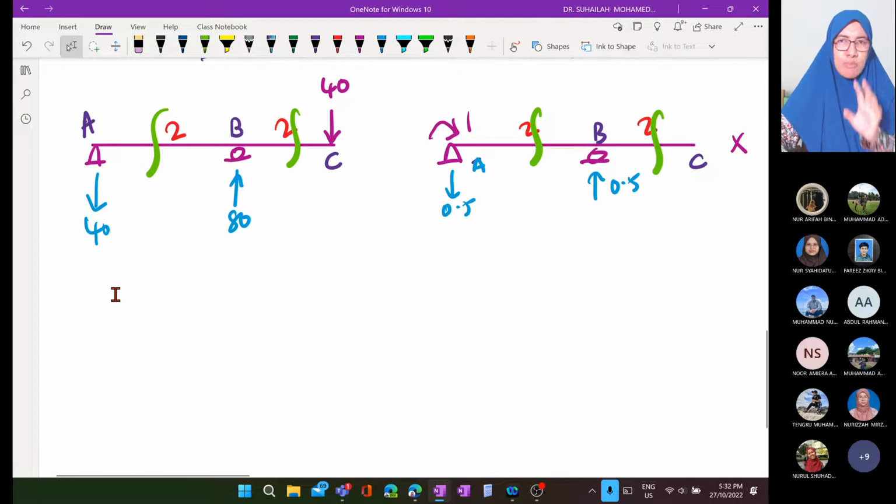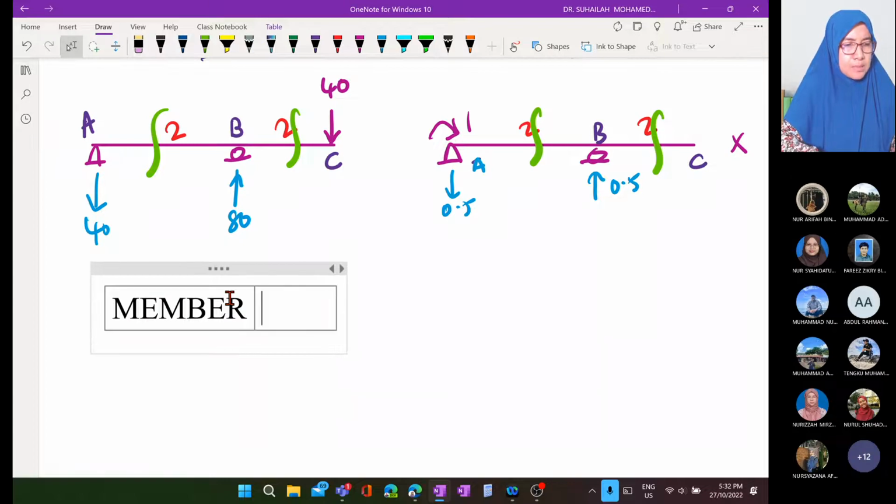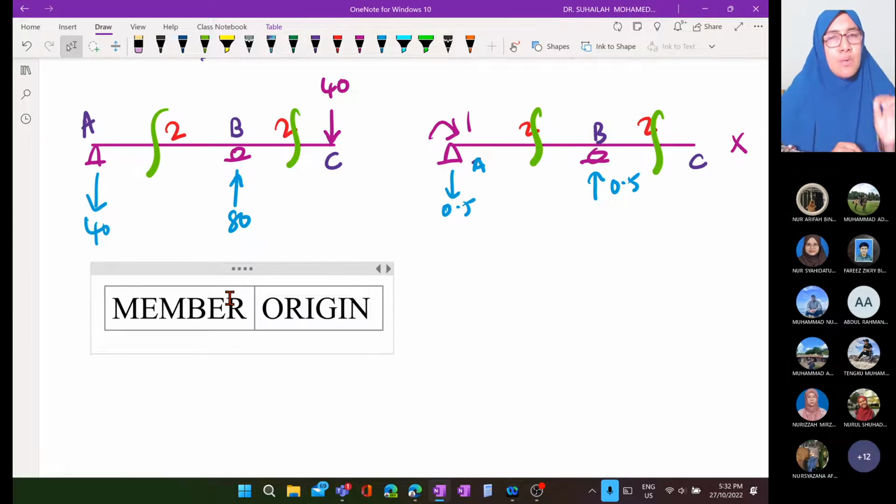Since we have more than one cutting section, I normally summarize the moment equation in table form, because after this we may have 2, 3, 4 cutting section. One column for member. We have member AB, we have member BC, and we have to choose origin where X started.